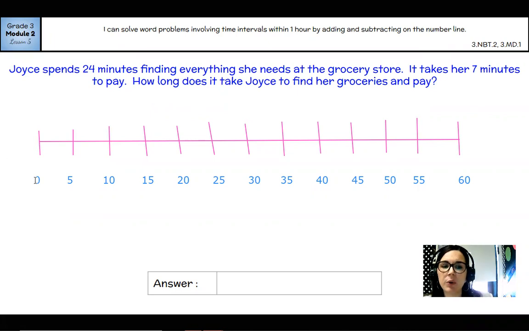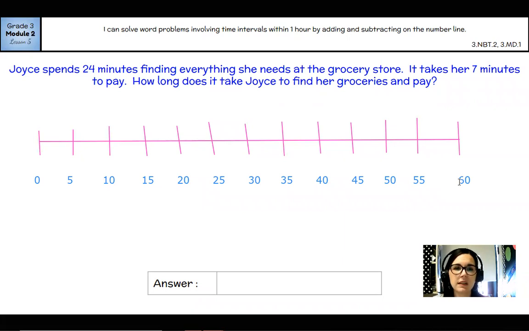The reason that I wrote it from 0 to 60, boys and girls, is because this actually doesn't give me certain times, right? It just gives me number of minutes. So I know that I'm just trying to figure out number of minutes, not trying to figure out an ending time or starting time. And I know that there are 60 minutes in an hour. So I made my number line from 0 to 60, an hour's worth of minutes.